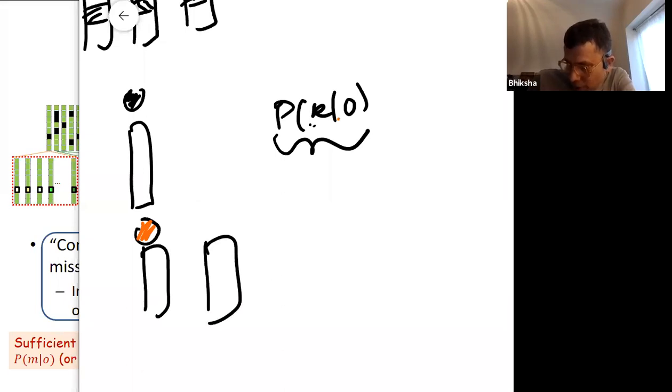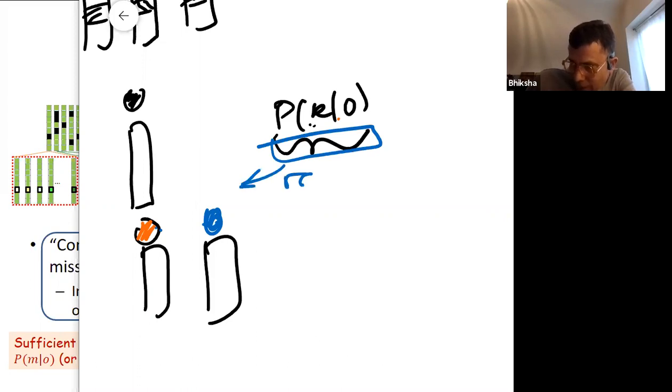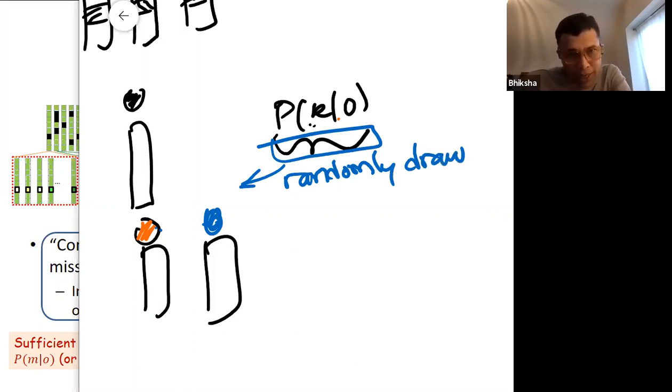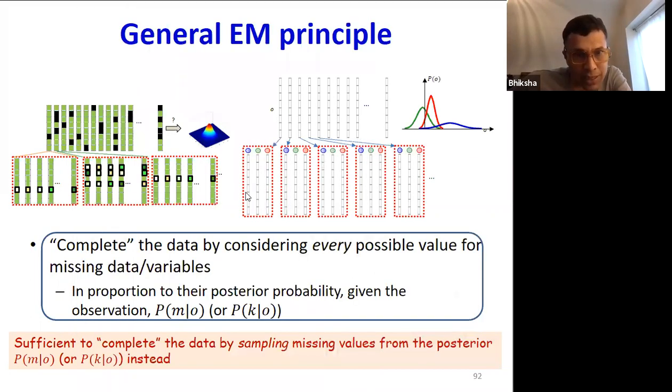And now I'm going to generate a whole bunch of samples where this missing value has been randomly sampled from P of K given O. And now I can complete this data through this random sampling process and then re-estimate my model parameters from the completed data.